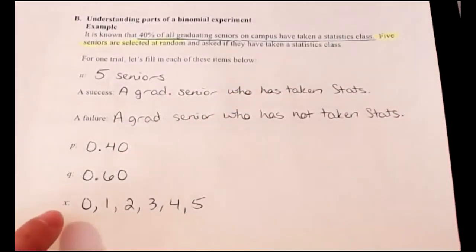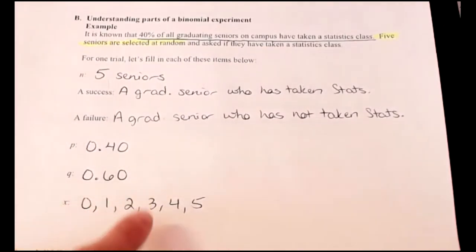So when we look at this X value, this random variable, it's based on whether or not they have taken a stats class. And if we're asking 5 seniors, then we can have any number of them saying, yeah, sure, I took a stats class. So these are the possible values that X, our random variable, could take on.